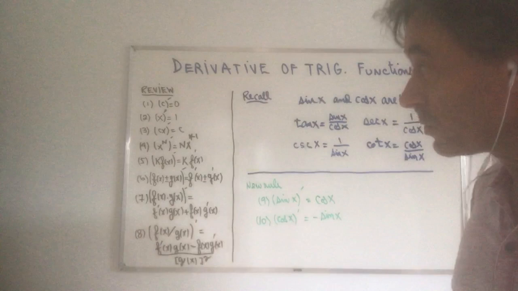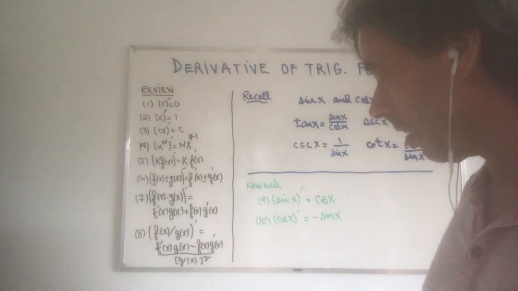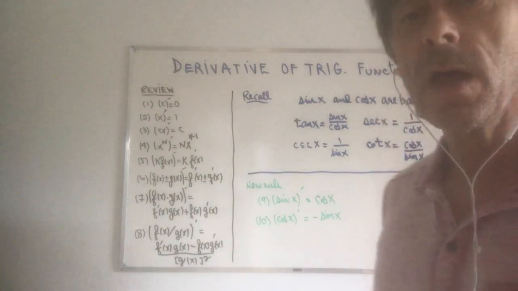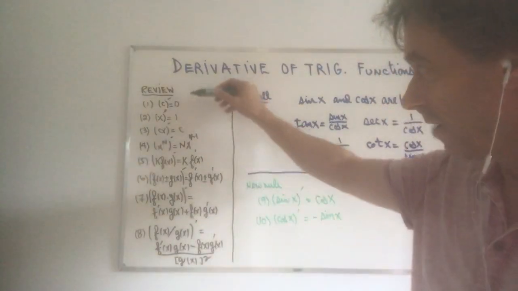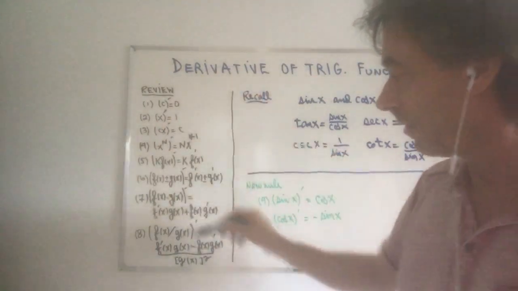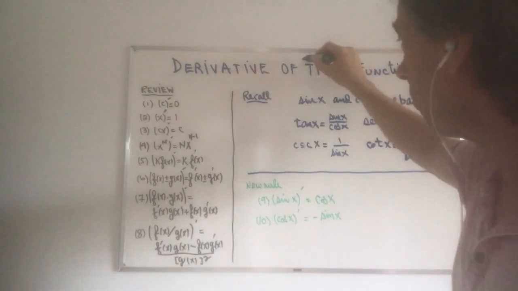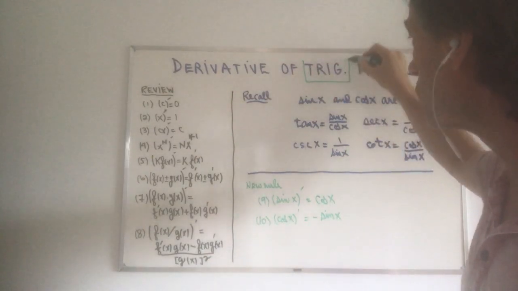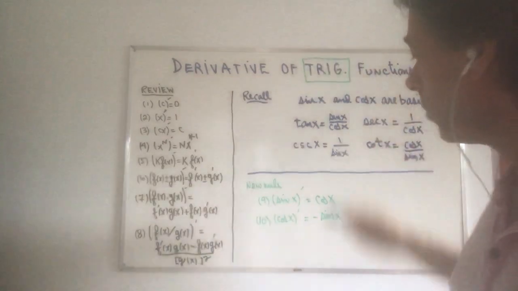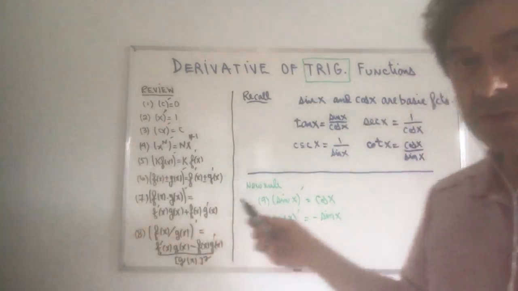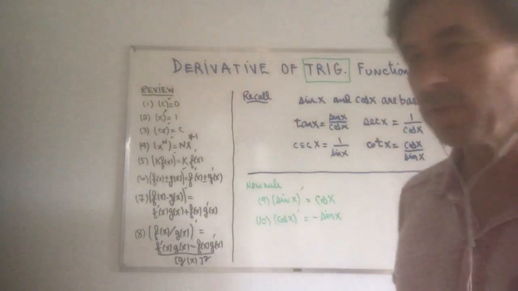So that actually makes a very almost complete view of the basic rules of derivative. You have your 8 rules for general functions and your 2 new rules for trig functions. And with this, we can start doing a very nice variety of problems.